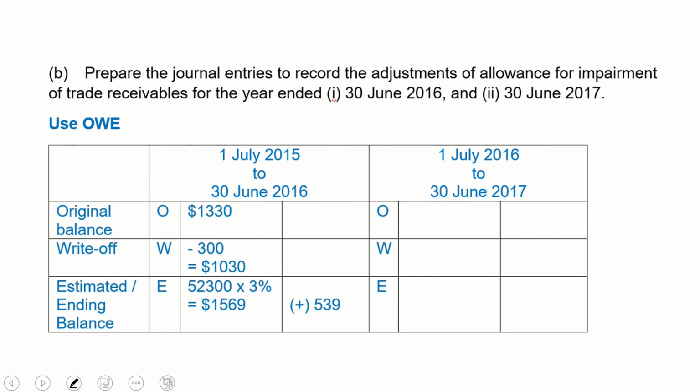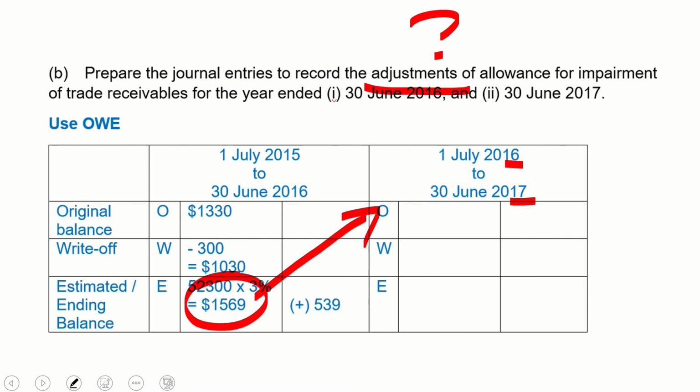In the second year, from 2016 to 2017, how much do you need to adjust your allowance by? Now, the original balance is actually from last year. Last year, you already have a balance of 1569, and that is your original balance at the beginning of the year.